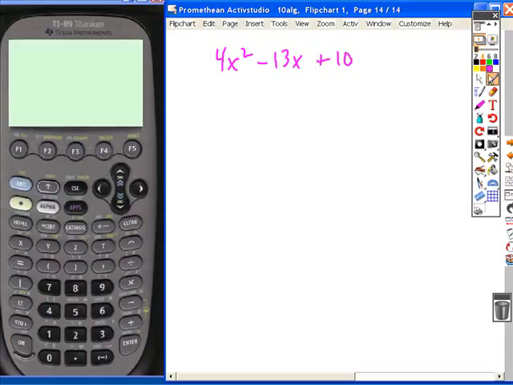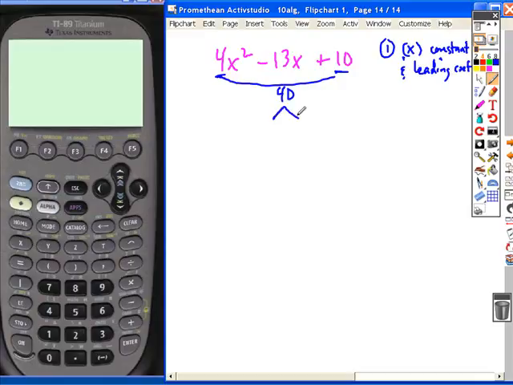If you take that leading coefficient and your constant and you multiply these together, okay, so step 1, you're going to multiply the constant and your leading coefficient. What is that product? 4 times 10 is 40. Okay, so what we're going to do is you look to see, are there 2 factors of this product whose sum is the middle term's coefficient?